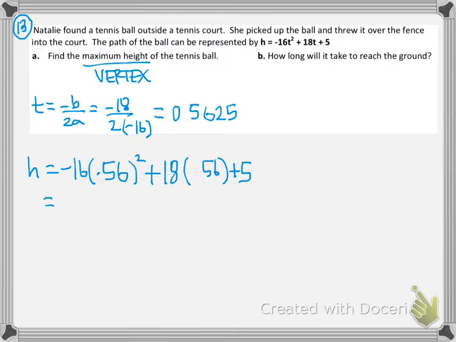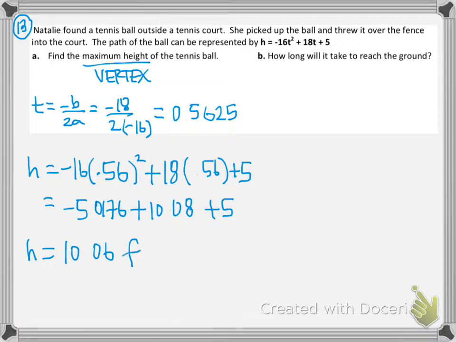That's like a negative 5.0176, then 18 times 0.56 is 10.08. So the height is going to be about 10.06 feet.